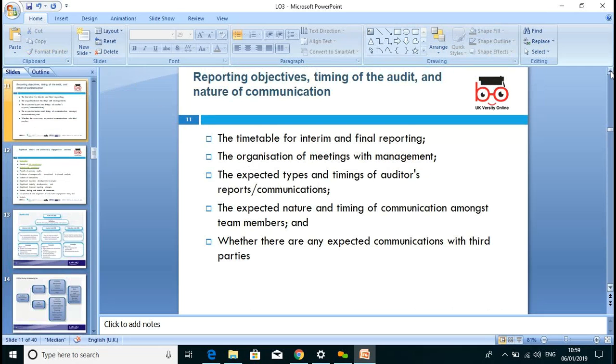And when you're making the strategy, there is the reporting objective, the timing, and the nature of the communication. We need to focus on the timetable for interim and final reporting, the organization of meetings with the management, the expected timing of the audit and reports, and how we will communicate among the team members, for example whether at the end of each day we will have a Skype meeting.